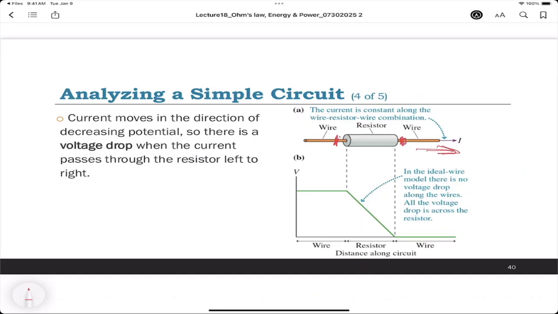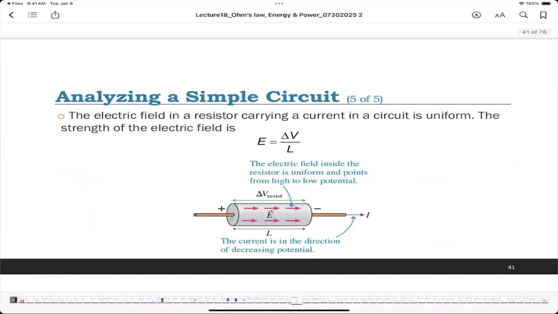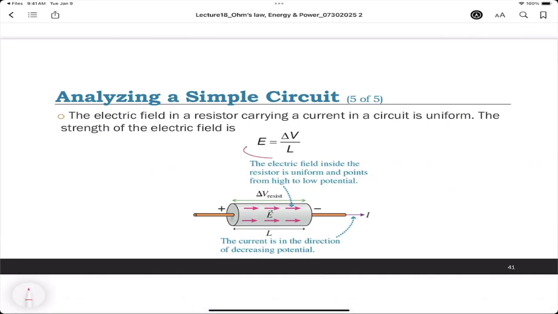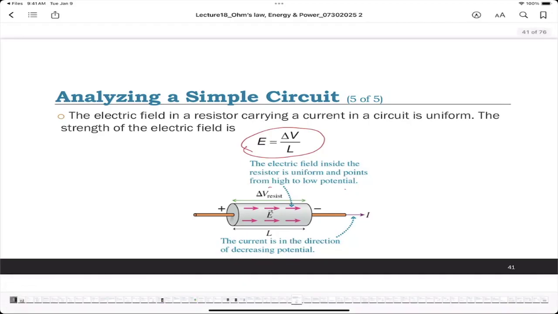The electric field in a resistor carrying a current in a circuit is uniform, and we can use this equation to represent the strength of the electric field. The electric field inside the resistor is uniform and points from high to low potential. The current is in the direction of decreasing potential. This is the electric field in a resistor.